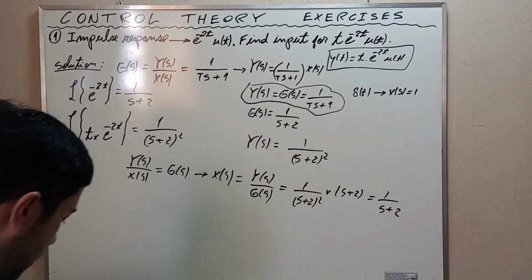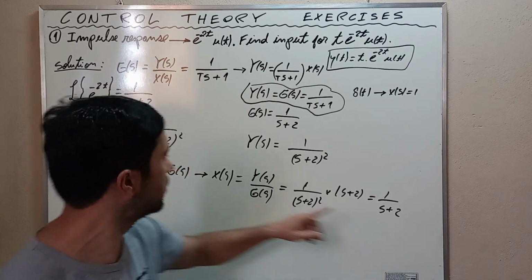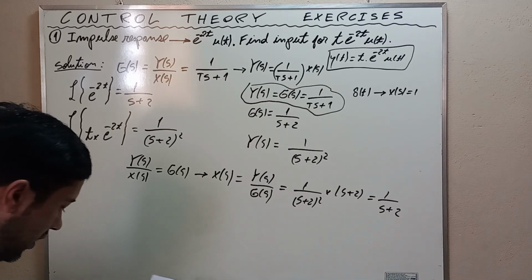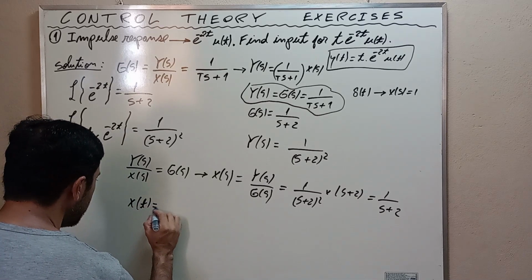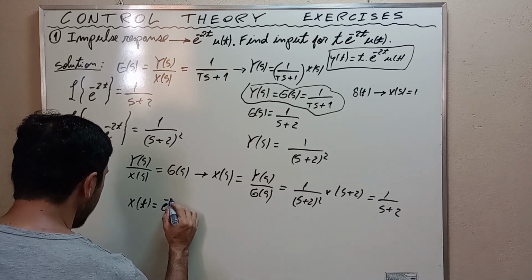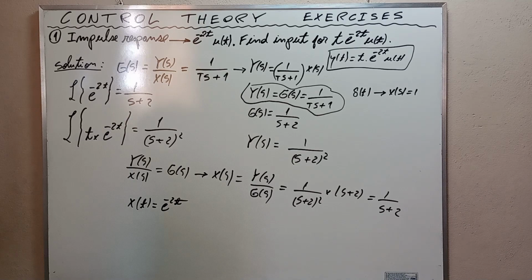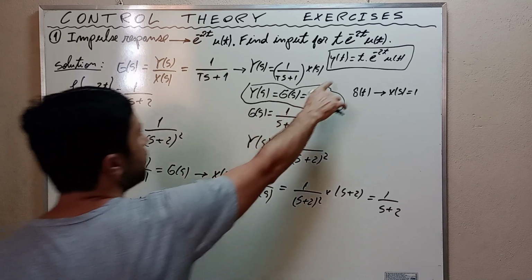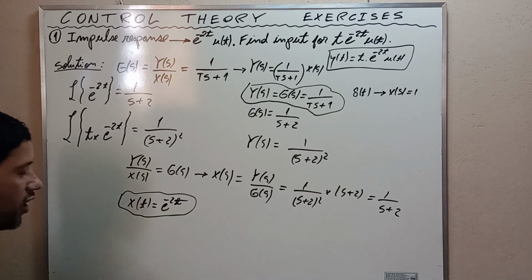And as we already know, the inverse Laplace of this is x(t) equal to e raised to the power of negative 2t, which would produce this. So this is going to be the outcome when this is the input.